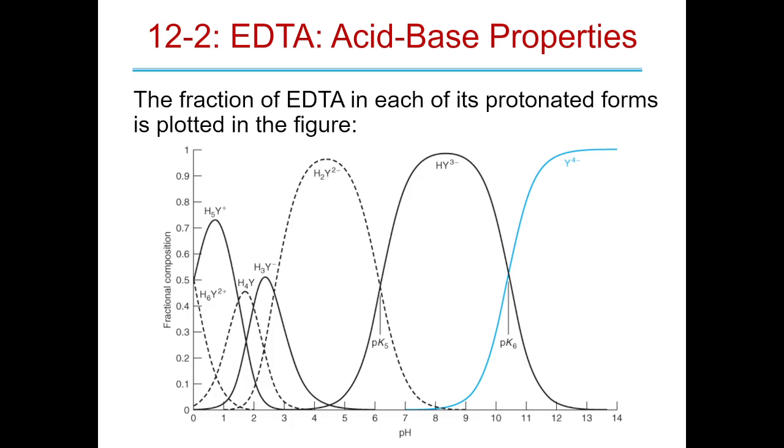Okay. Have you guys seen one of these before? I think there was a little bit of it in your biochem, but we didn't really hit on it much. I think we kind of, you know, just said this is what it is, and boom, we're done. These fractional composition diagrams actually give you a lot of interesting information and allow you to connect things you may not have connected yet.